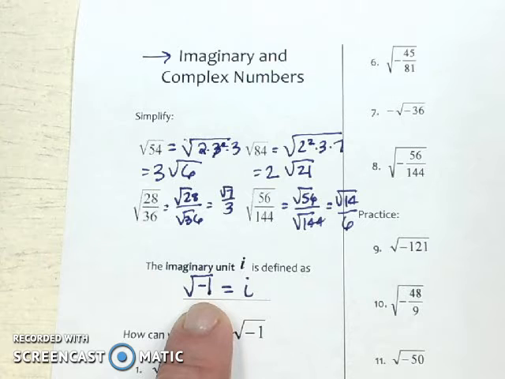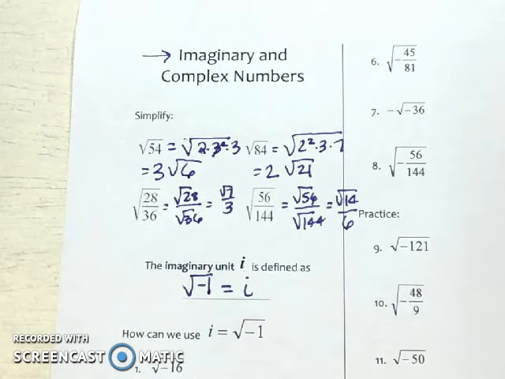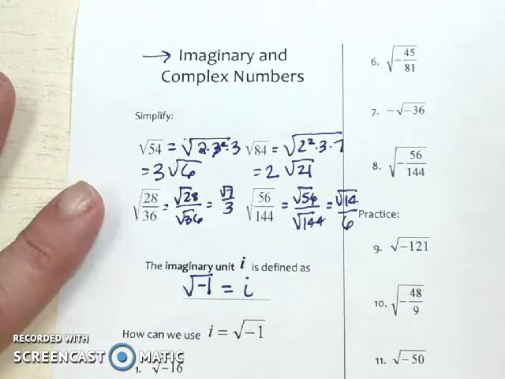You can't find something to multiply by itself that's going to give you a negative answer. Because if you multiply anything by itself, whether it's a positive number or a negative number, you're going to get a positive result. So you can't take the square root of a negative number. So that's where that imaginary part comes in, and it allows us to simplify these things by getting that negative out of the radical.